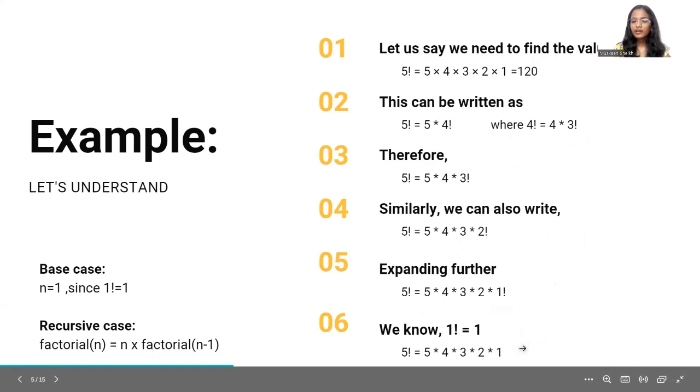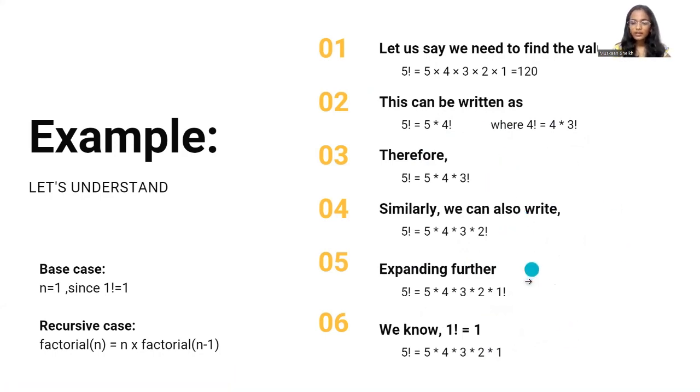The takeaway here is that these three expressions are the recursive cases and this expression is the base case. As we have learned before, a recursive case is nothing but dividing a big problem into smaller problems. So 5 factorial is divided into 5 into 4 factorial, and this 4 factorial is further divided into 4 into 3 factorial.